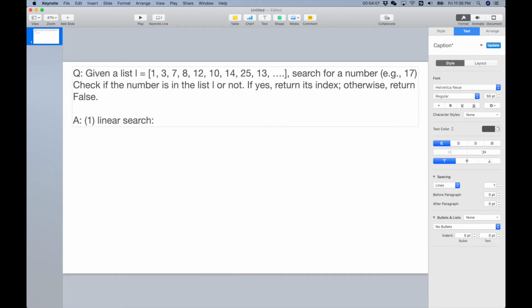For the linear search, we go over all the numbers in list L and match with the desired number.